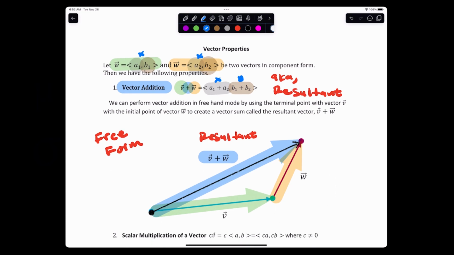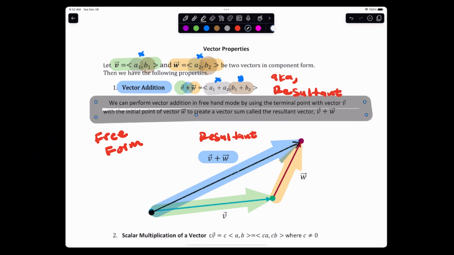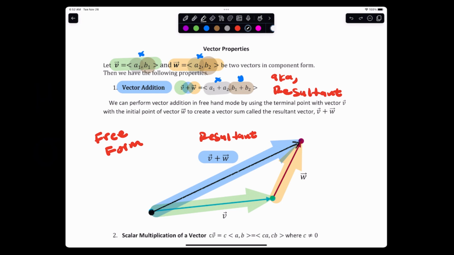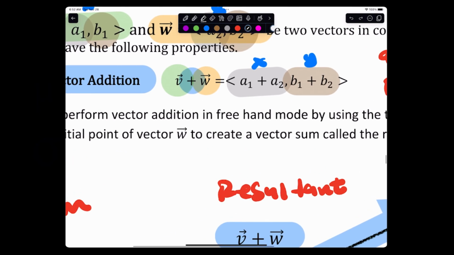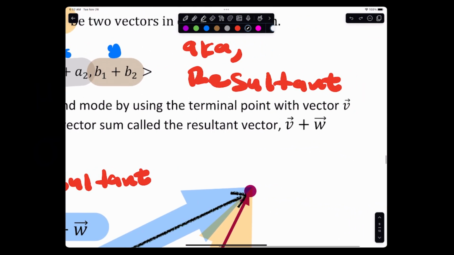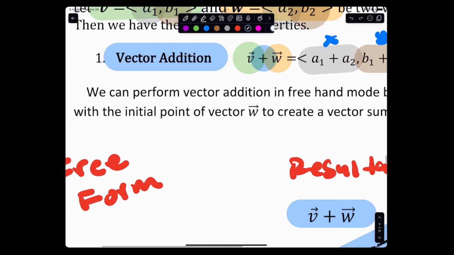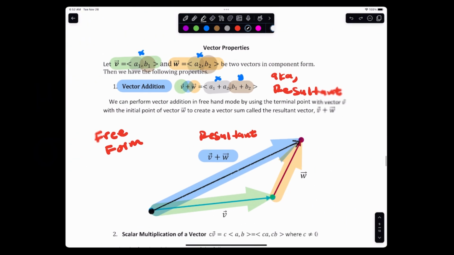And there's a definition here about how to actually do free-form addition. Here's what this is. I'll just mention it at this moment now, just so we're complete. We can perform vector addition in freehand, free-form mode, by using the terminal point of vector V and the initial point of vector W. So you say, what are you talking about?